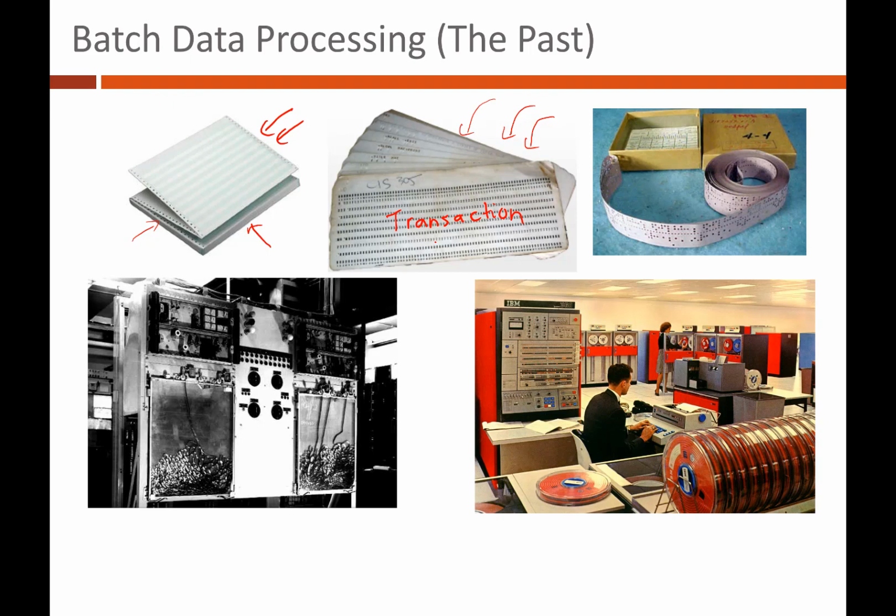But you had 80 columns that you could type on, and you could code up a transaction. And when you were programming, every line of code used to be one punch card. So if you had what would now be a 200 line program, you'd have a deck of 200 cards, and you better hope you never dropped it, because good luck ever putting them back in order. But that used to be a thing.